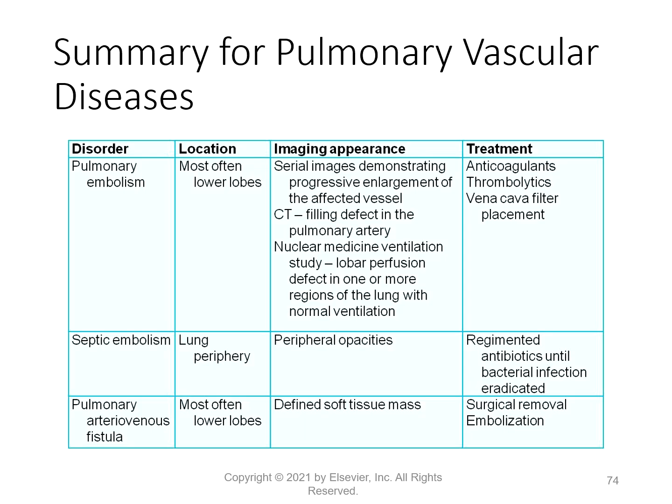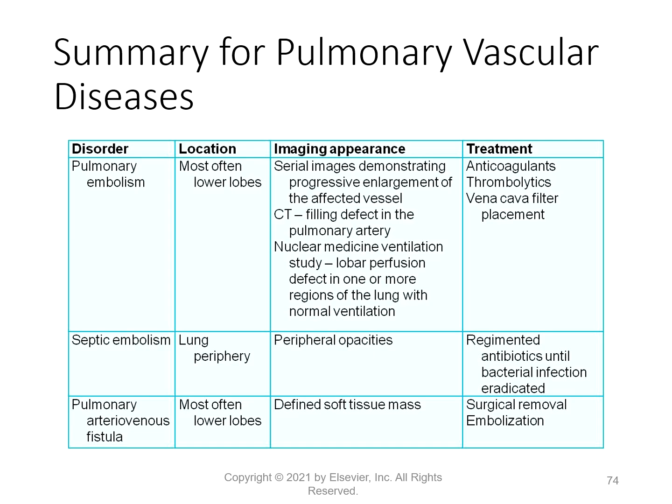A septic embolism, remember, is going to be from basically that bacterial shower. That clot of bacteria will eventually be caught up in the lung periphery, and they'll result in peripheral opacities or radiopacities. And those will need to be treated significantly with antibiotics until they've broken up and killed those bacteria.